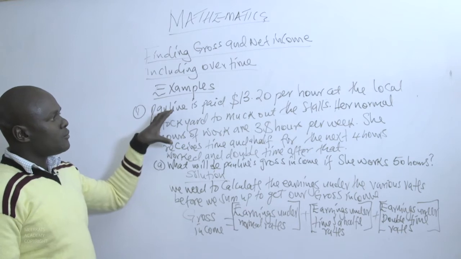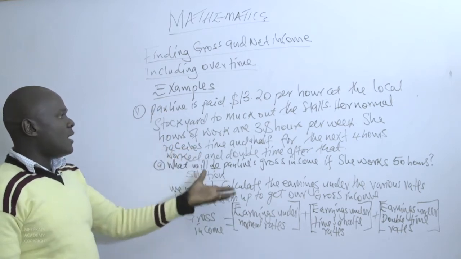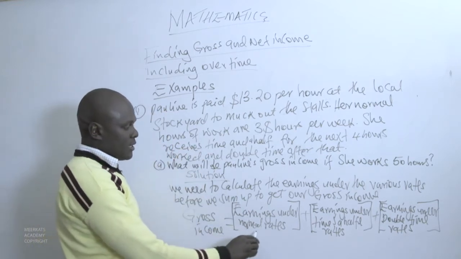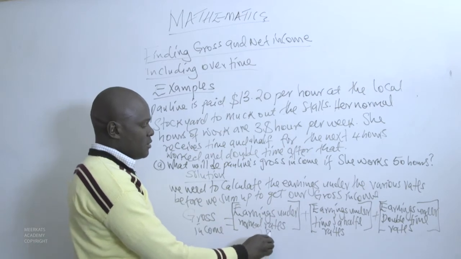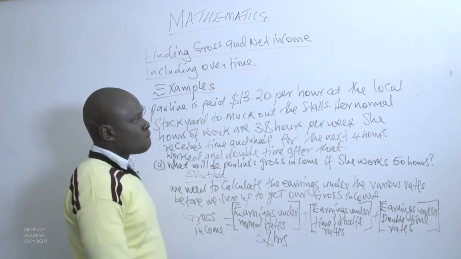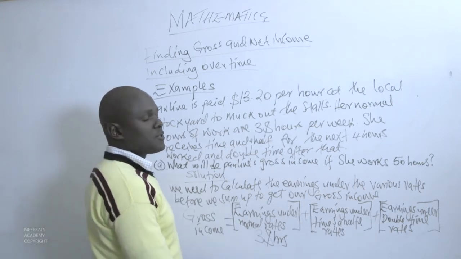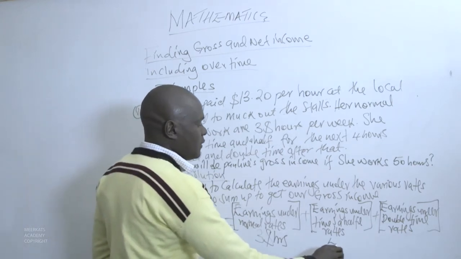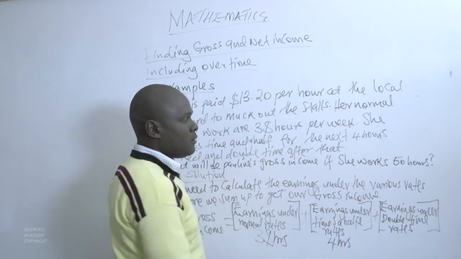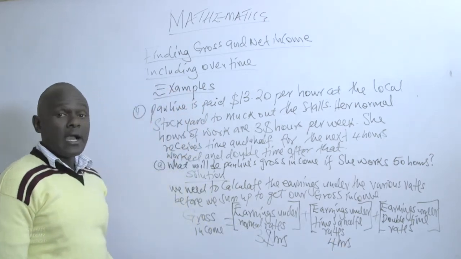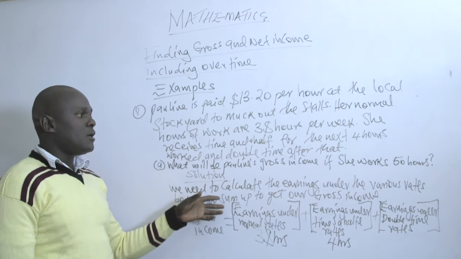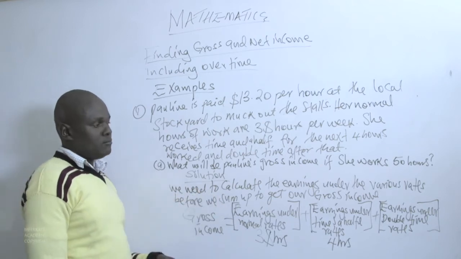We go back to our question. Her normal working hours are 38. So the working hours here will be 38 hours. And for the next 4 hours, she will receive time and a half. Here we will have 4 hours. And for the remaining hours, she will receive double time.